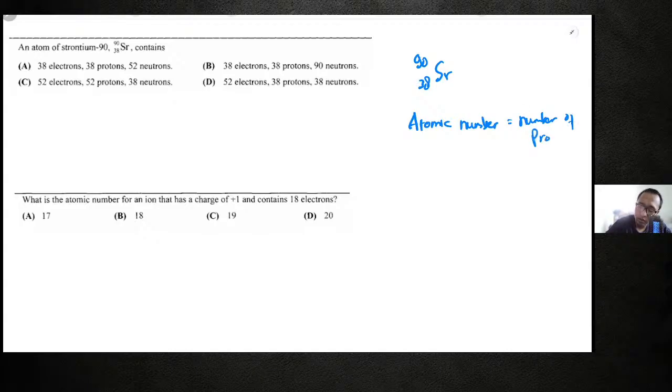So remember, this one itself is the atomic number. The atomic number is the number of protons. And another one is mass.